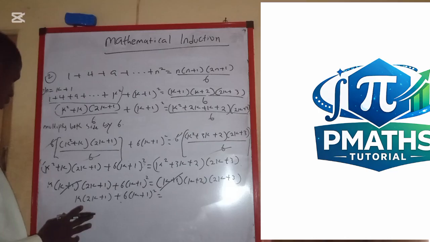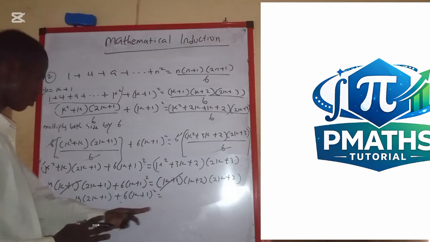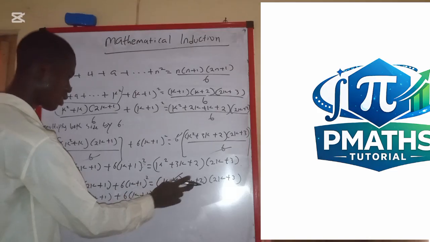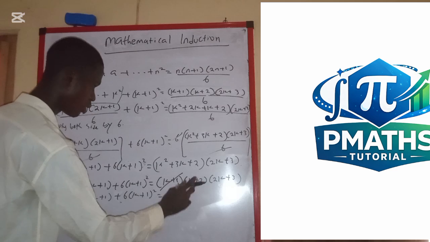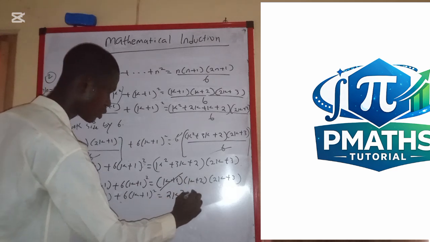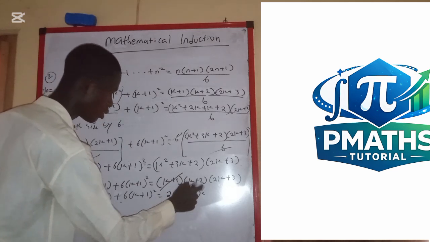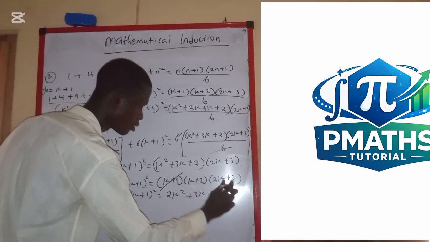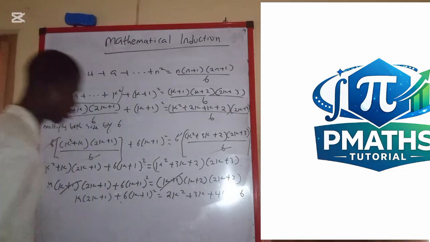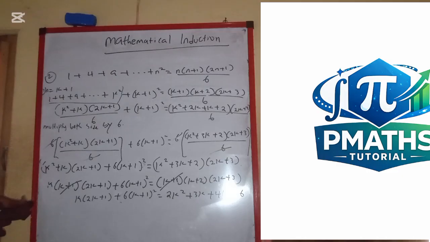So then expanding again, k times 2k is 2k squared, k times 1 is k, plus 6k plus 6.